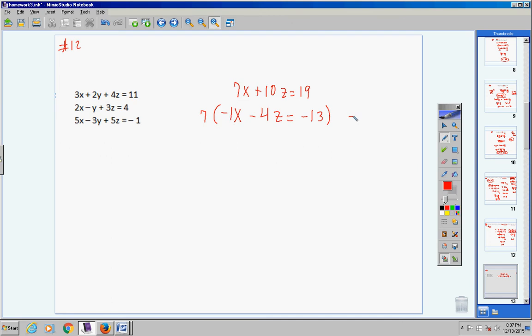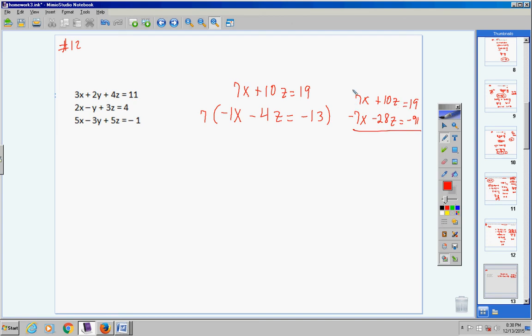So 7 times negative 1, negative 7, 7 times negative 4, negative 28, 7 times negative 13, negative 91. Bring over your top equation. Positive 7, positive 10z equals 19.